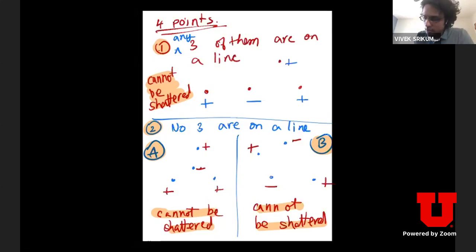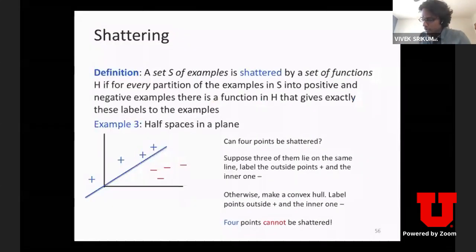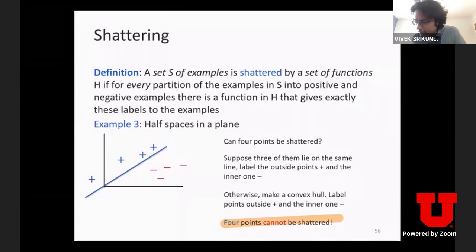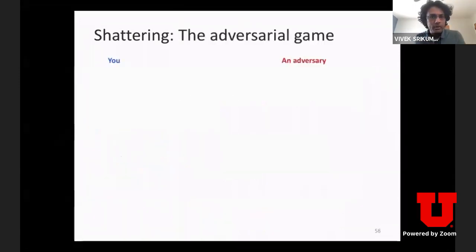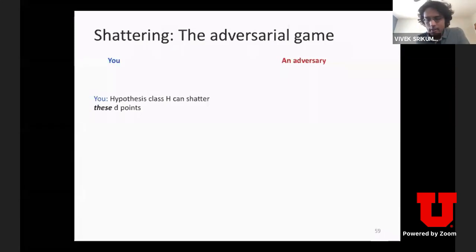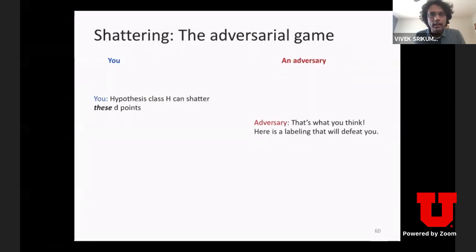In any case, when we come to half spaces on the plane, what we have is that 4 points cannot be shattered. That's the result. So you can think of shattering as an adversarial game between you and an adversary, where you claim that you have a hypothesis space that can shatter a given set of D points. And the adversary gives a labeling that defeats you.